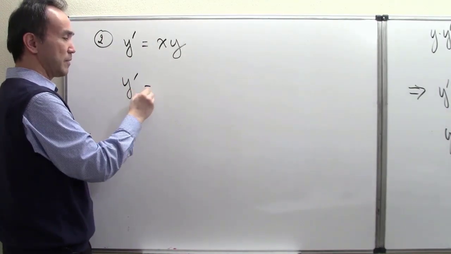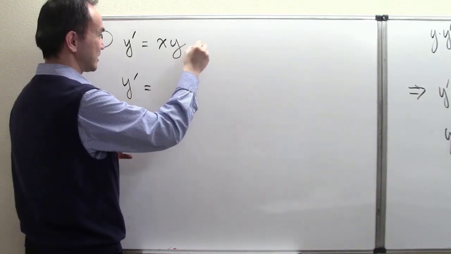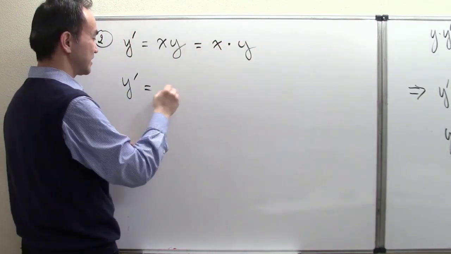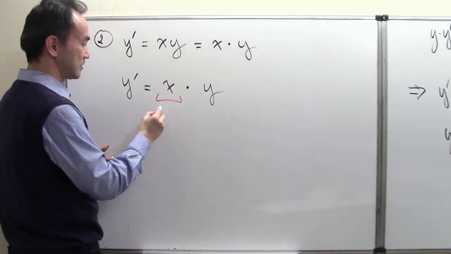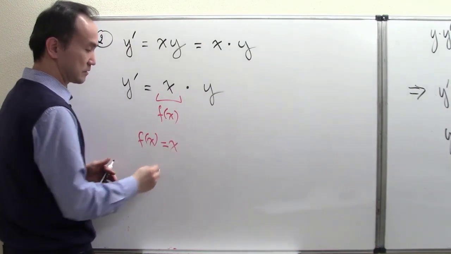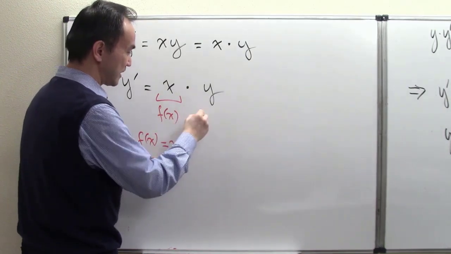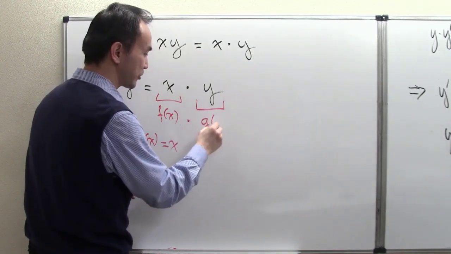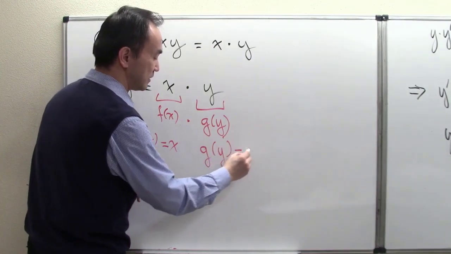Again, as a reminder, this is completely at the thought process level. I can see this as, yes, clearly a product. With this product, I can underline that this is some function f of x equal to x. It's a function of x separately. And then it's in a product with, which I can put a red underline brackets around, that y. I can see that as some other function g of y, namely g of y equals y.